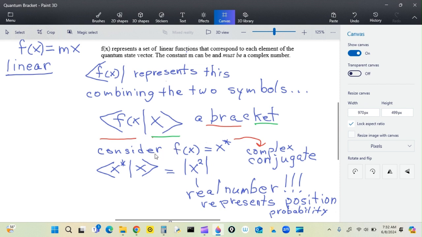Now, consider if f(x) is equal to x. That's really simple, where m is 1 or m is, let's see, m forces this to be a complex conjugate. Now, what's a complex conjugate?